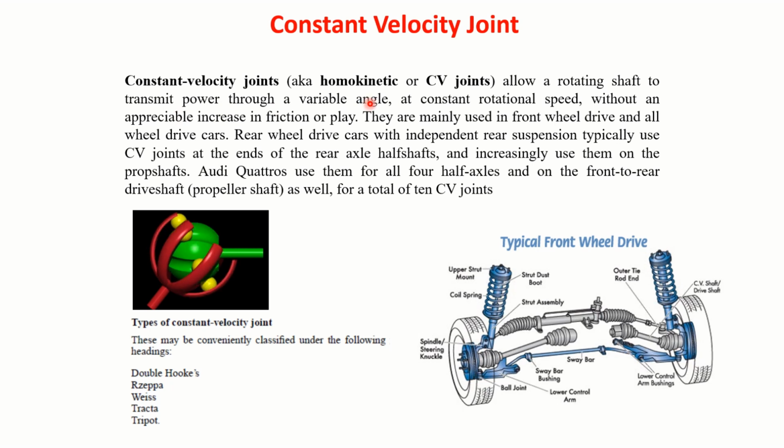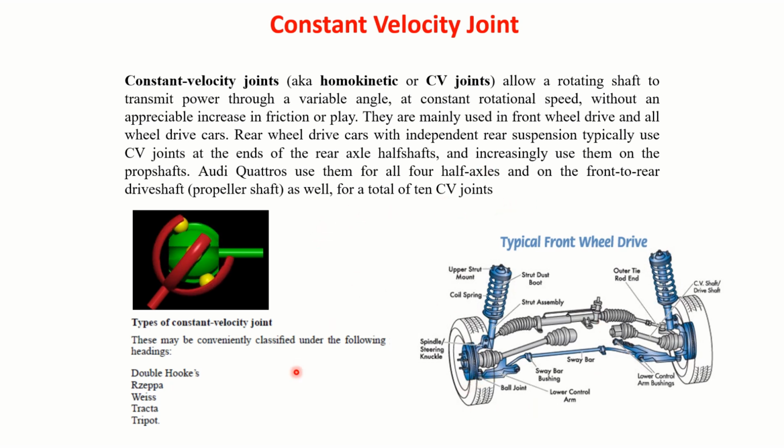They work through a variable angle at constant rotational speed without an appreciable increase in friction or play. They are mainly used in front wheel drive and all wheel drive cars. Rear wheel drive cars with independent rear suspension typically use CV joints at the end of the rear axle half shafts and increasingly use them on the propeller shafts. Audi Quattros use them for all four half axles and on front to rear drive shafts, for a total of 10 CV joints.